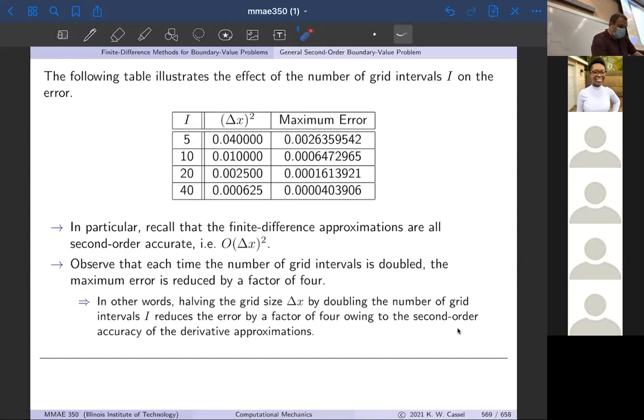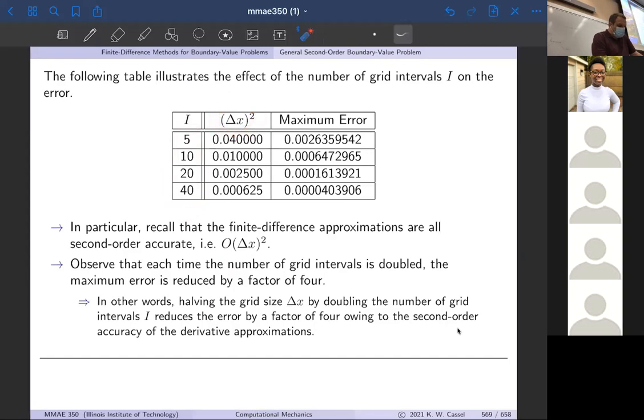So as I increase the number of points, my solution should get more and more accurate. The value of the error should get smaller and smaller, and it does. But not only that, it should converge in a predictable fashion. So remember, all of my approximations are second order accurate.